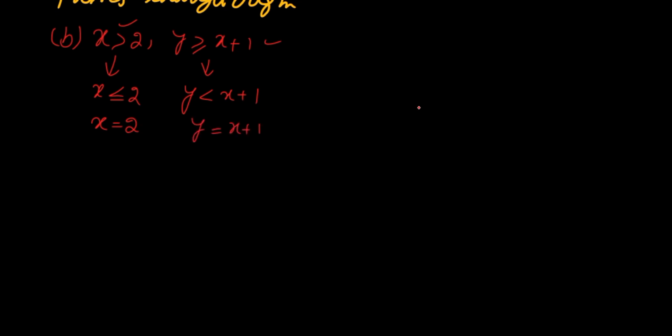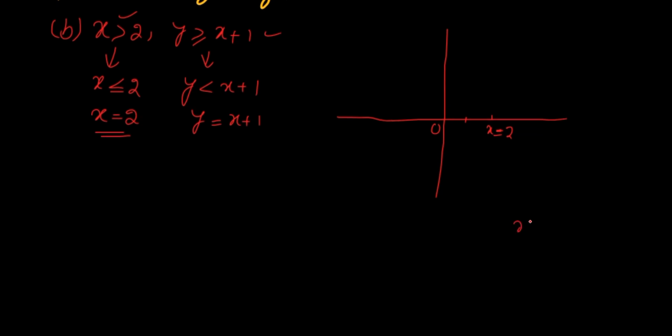Now we draw the graph of these lines. First x is equal to 2. Suppose this is the origin 0, this is x is equal to 1, this is x is equal to 2. I already discussed that when x is equal to a, some real number either negative or positive, then x is equal to a always represents a vertical line.